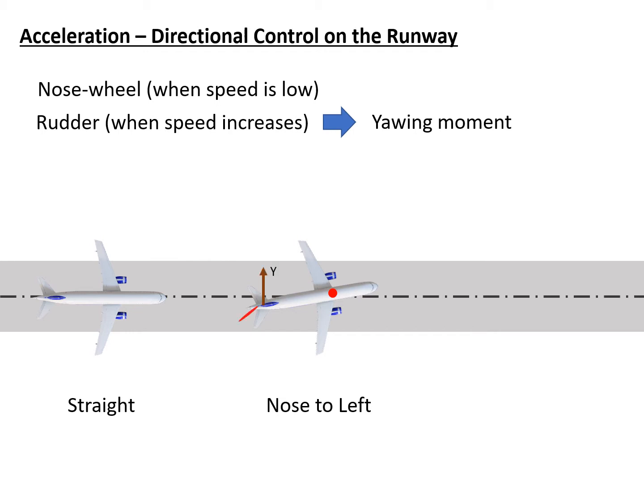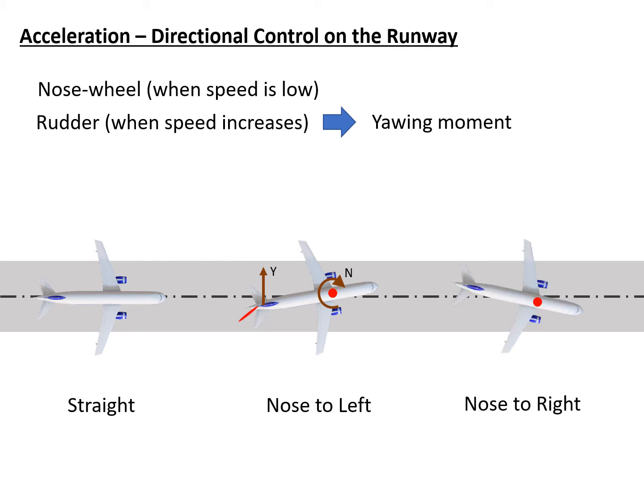Okay, so the rotor should deflect towards the right-hand side, and this will increase the camber on the tail. So there is a side force towards the left created, and this side force will produce a yawing moment, and so that will correct the direction of the aircraft, make it straight along the runway.